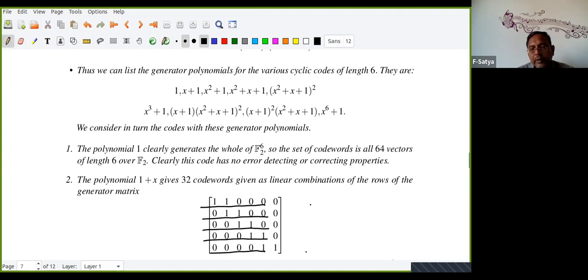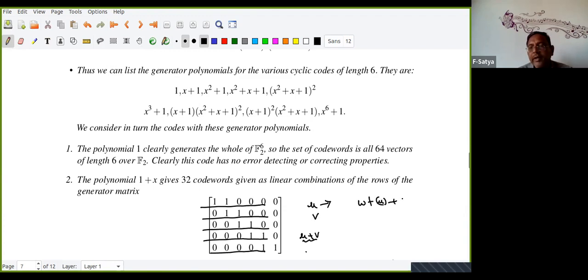So U is a code word of even weight, V is of even weight, U plus V is also of even weight, right? You know that U plus V is even weight if and only if both U and V are even or both are odd. So that we did like this, right?